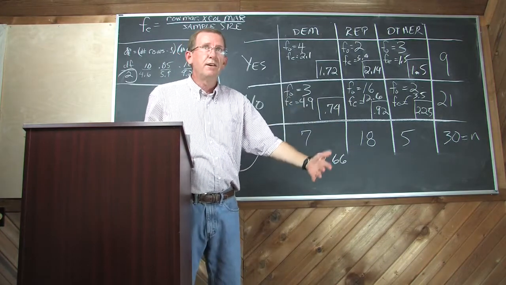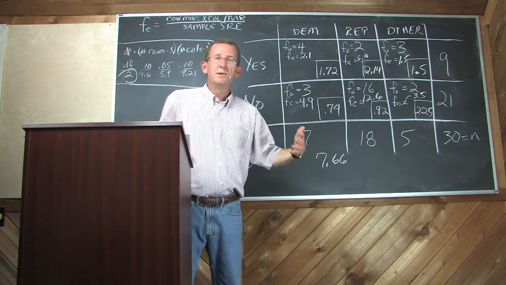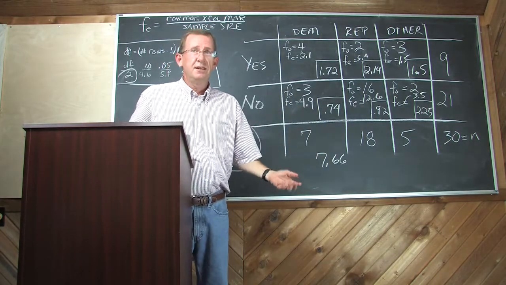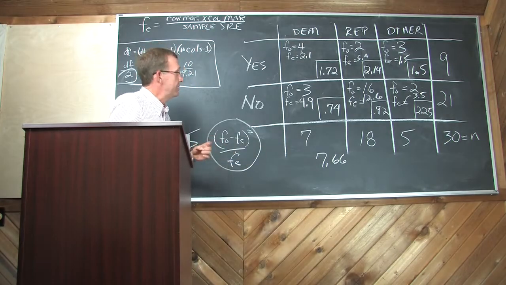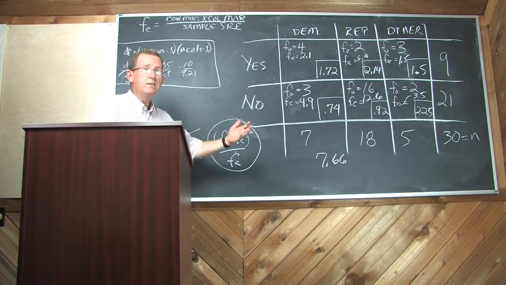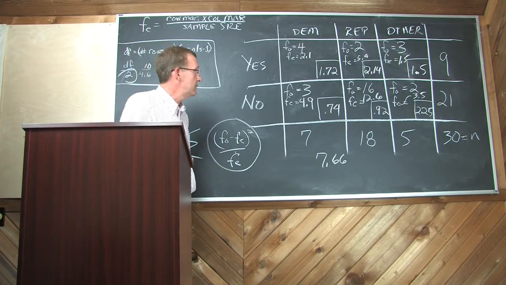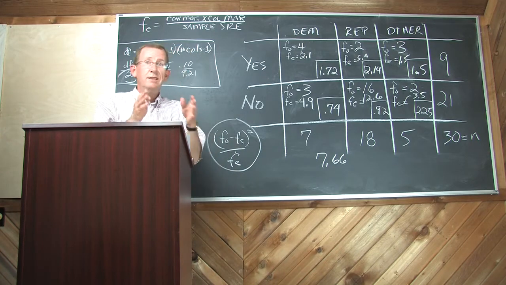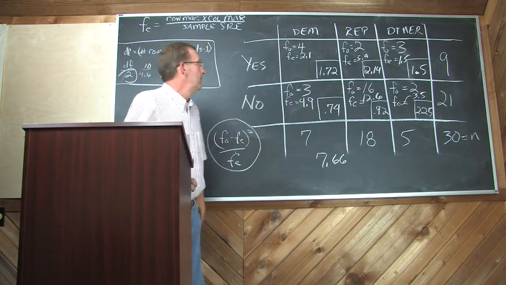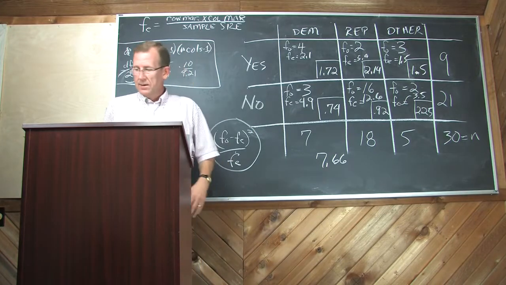I prefer to say that we're less than 5% uncertain, but the norm is to say you're greater than 95% certain that there is a relationship here, that these two variables are not independent.